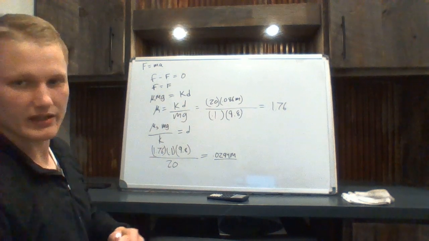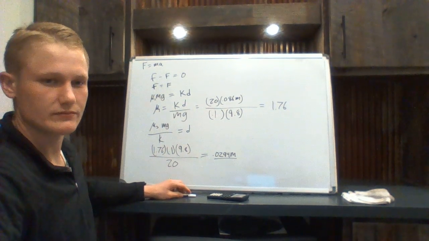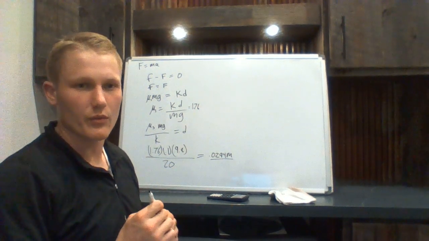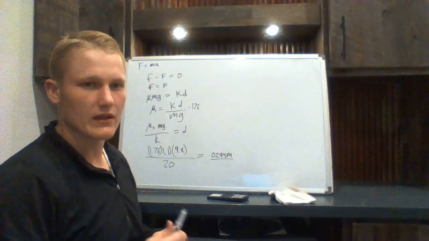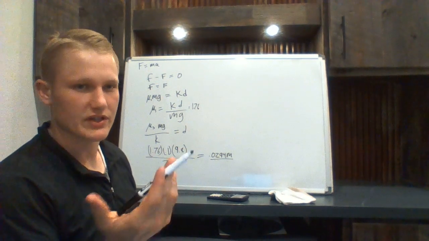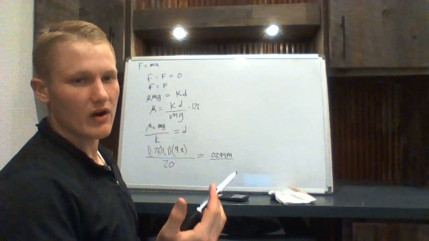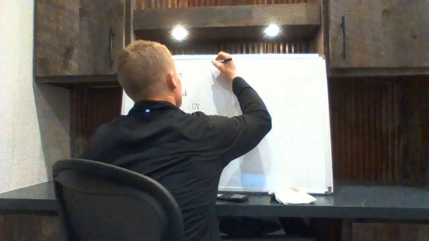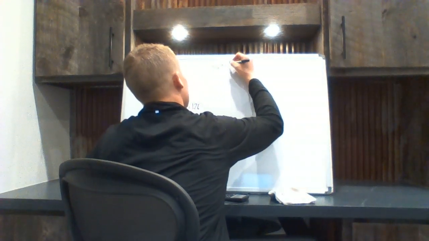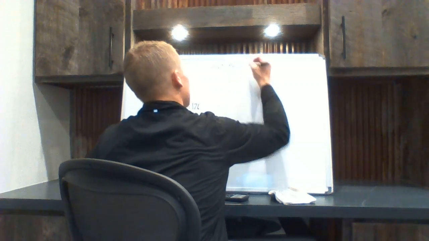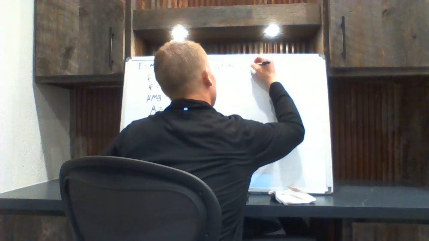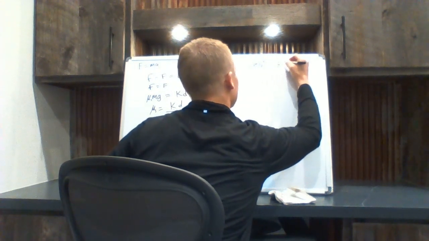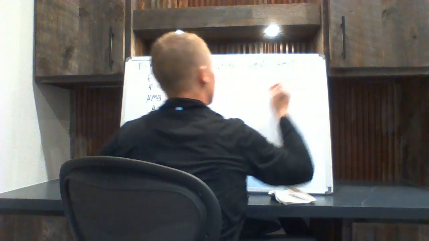And let me erase some space for me to work. Next, we're going to use our work energy theorem. Work equals delta K, change in kinetic energy. For work, however, we're going to break it up into the work of the spring plus the work of friction, equals 1/2 m v2 squared minus 1/2 m v1 squared.